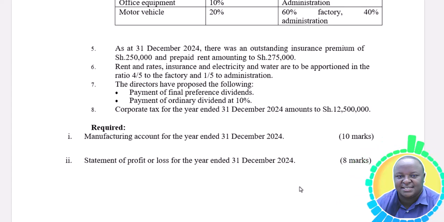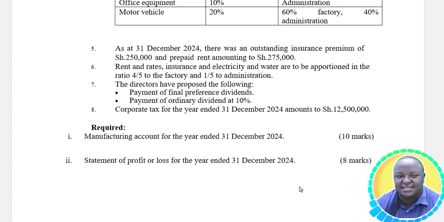Our intention here is to ensure that we are calculating and getting the production cost. So first we need to add all the direct raw materials, direct labor, and direct expenses.